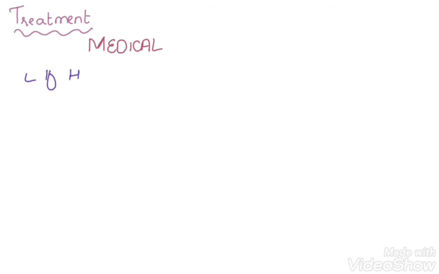Medical treatment in case of peptic ulcer disease depends on whether the patient is H. pylori positive or H. pylori negative. In case of an H. pylori negative patient, he is just given proton pump inhibitors like omeprazole, esomeprazole, which decrease his gastric acid and so help the ulcer to heal and prevent further ulcers.